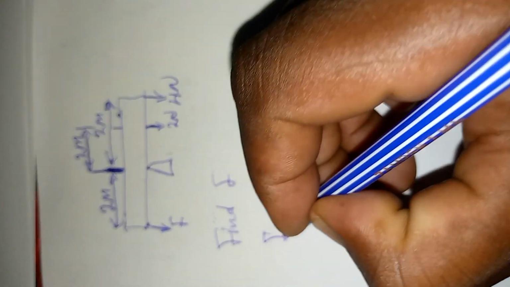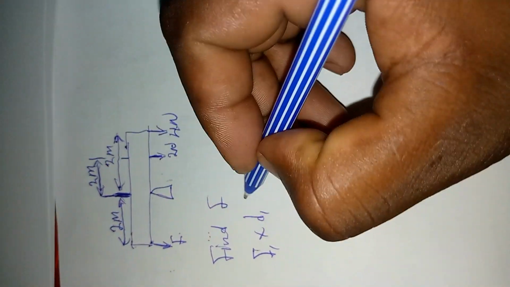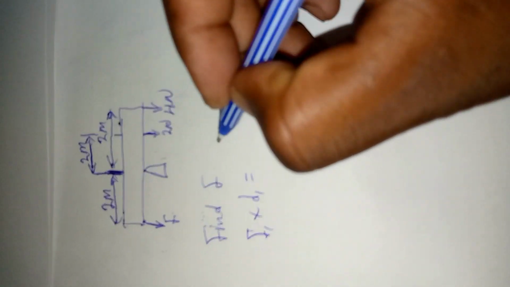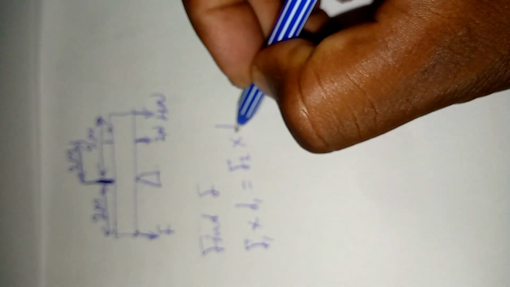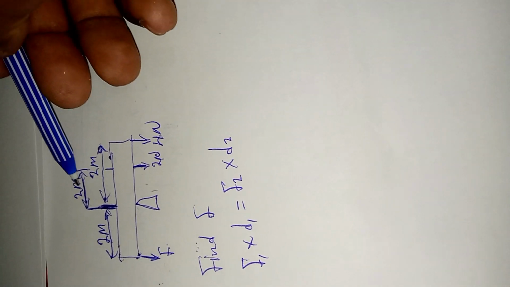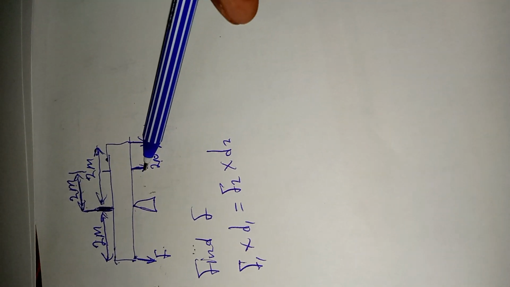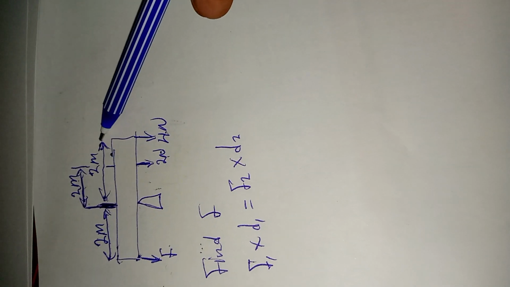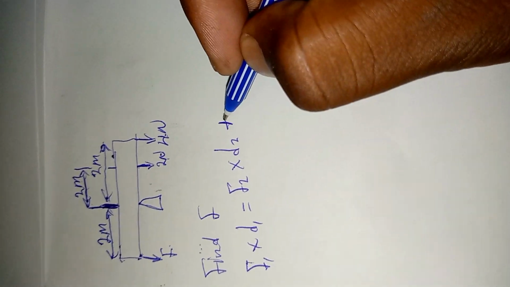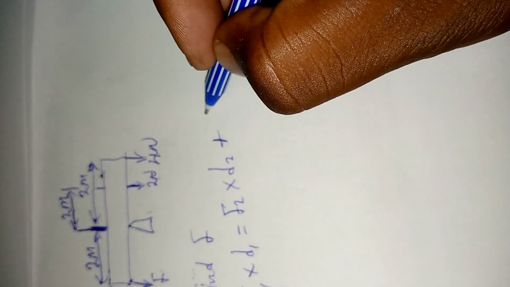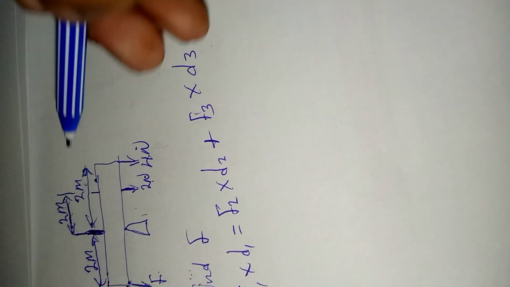So force 1, times distance 1, is equal to force 2, times distance 2. This distance from here to here is for this one, and this distance from here to here is for this one. Plus force 3, times distance 3.